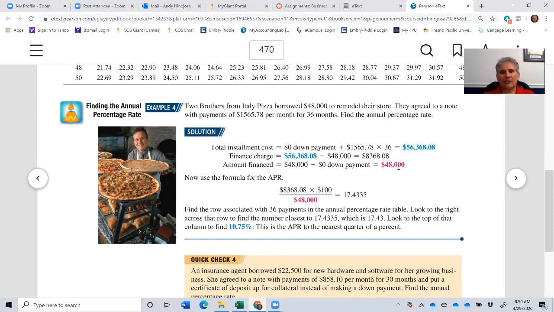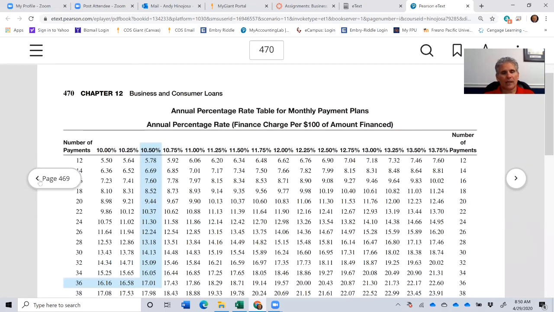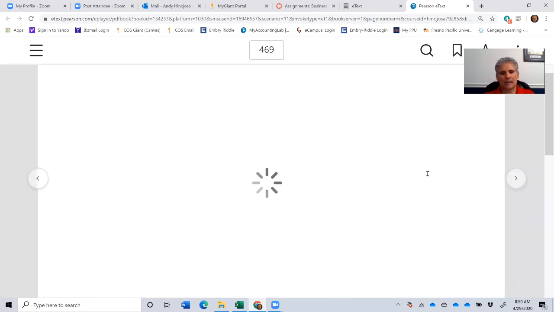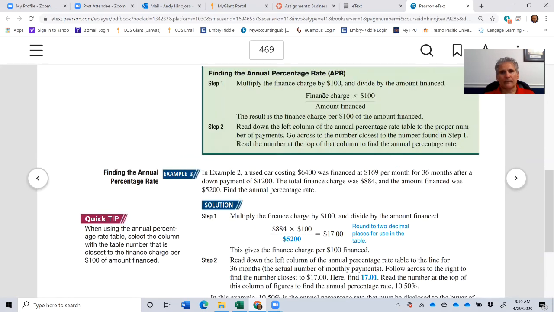Now we have the information we need to plug into that APR formula. Let's go back to that formula. What is the formula? Finance charge times 100 divided by the amount financed.